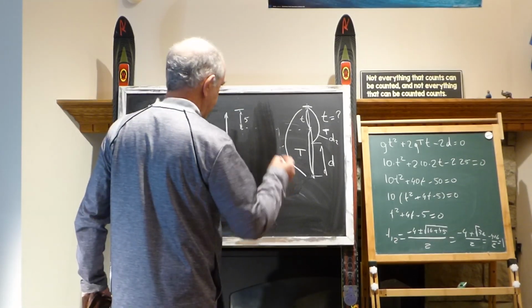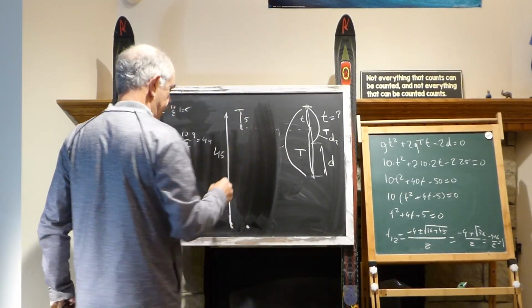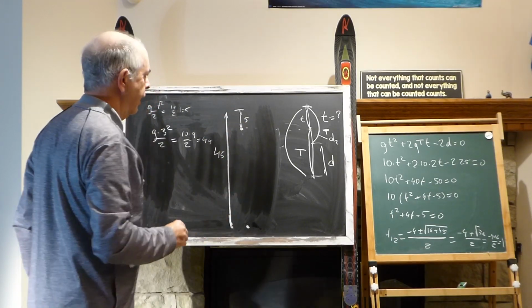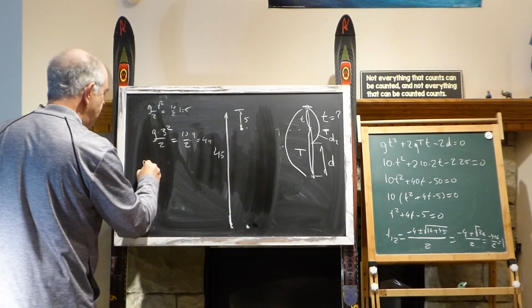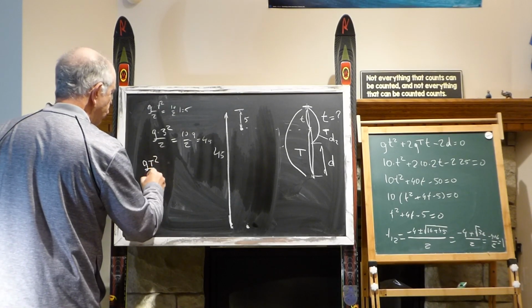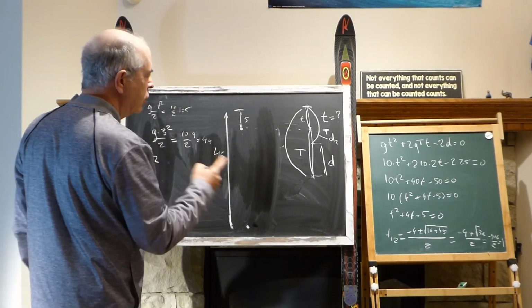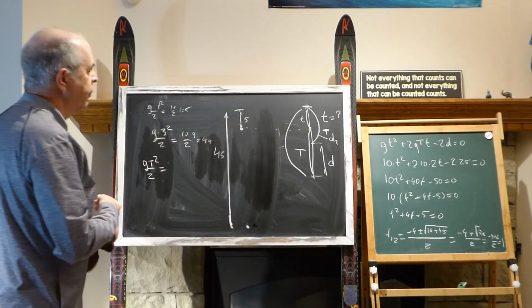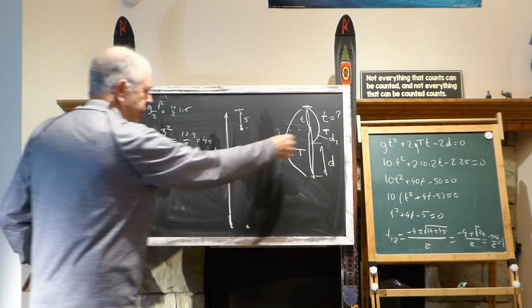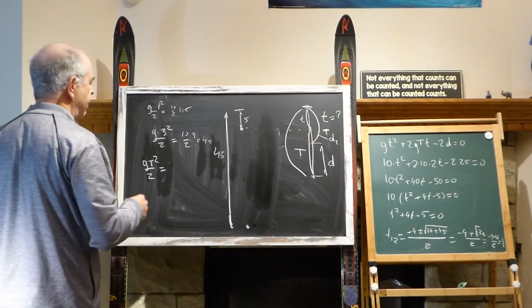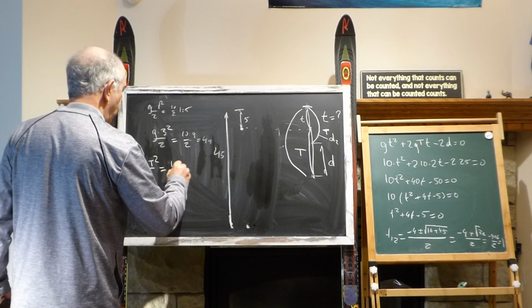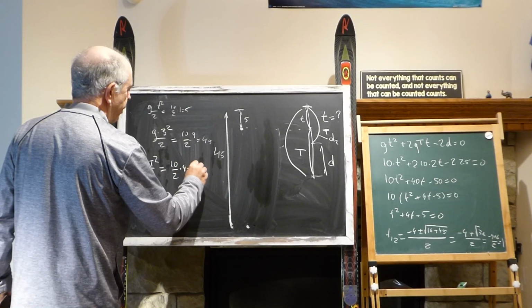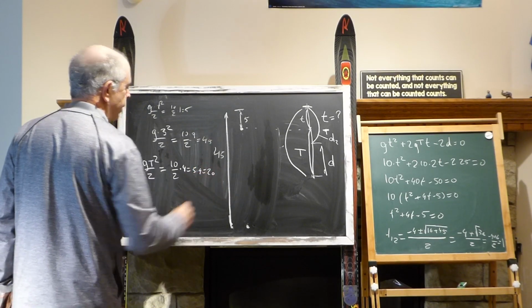Now let's take a look at what happens with the second drop. The second drop starts when the first drop is already here, and it covers the distance g t squared over 2, and t is 2. It's given to us. This is the time after which we observe this distance of 25. So it would be 10 over 2 multiplied by 4, 5 multiplied by 4, which is 20.